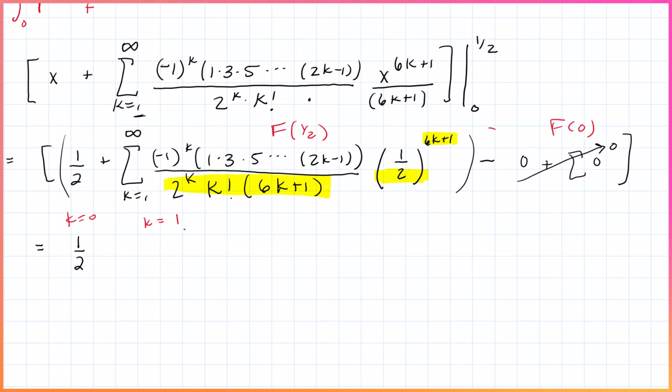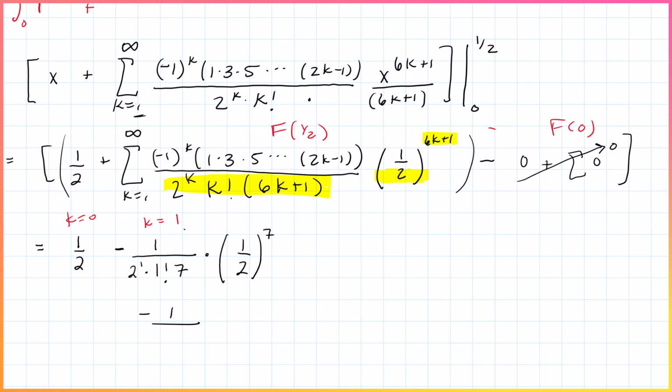So the k equals 1 term is actually going to be negative. So it's going to be negative on the top. When we plug in k equals 1, we're going to get 1. In the bottom, we get 2 to the first times 1 to the first times 7 times 1/2 to the 7th.